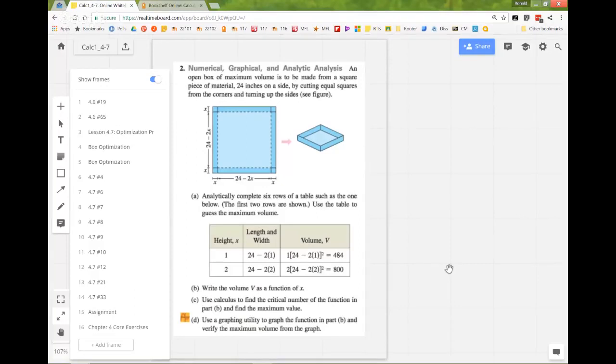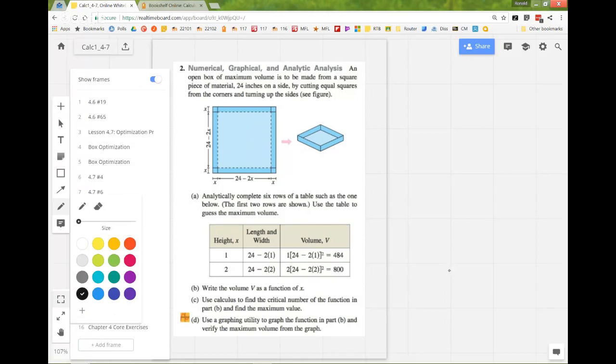Now, in the case of our picture, you see what happens is when you cut X out of the corner, of course, there are 2 corners cut out, and that makes the remaining length 24 minus both X, minus 2X. And that's the same thing that happens. Because it's a square, it's the same thing that happens with the width. So, all right, so volume.